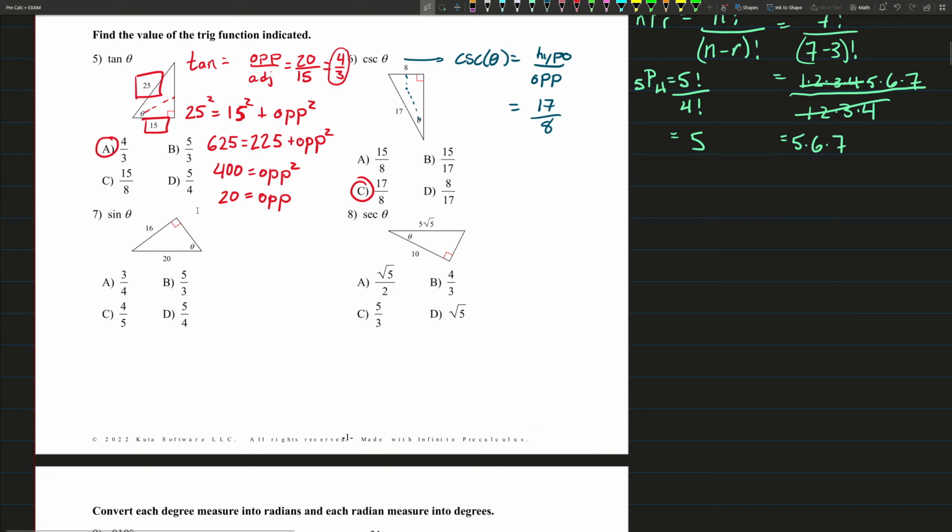Number 7, sine is opposite over hypotenuse. And we are given both of those, right? So 16 is the opposite side, 20 is the hypotenuse. That should be 20. So if we do that, that's 8 over 10, so that's 4 over 5.